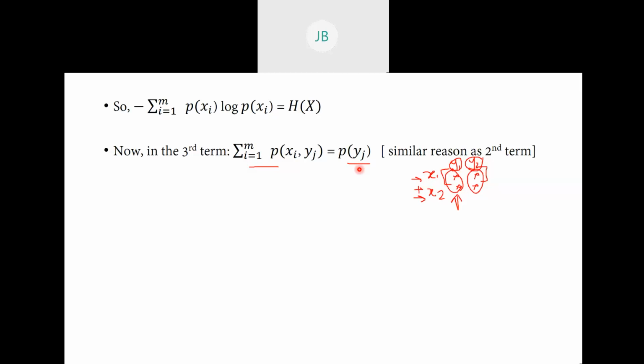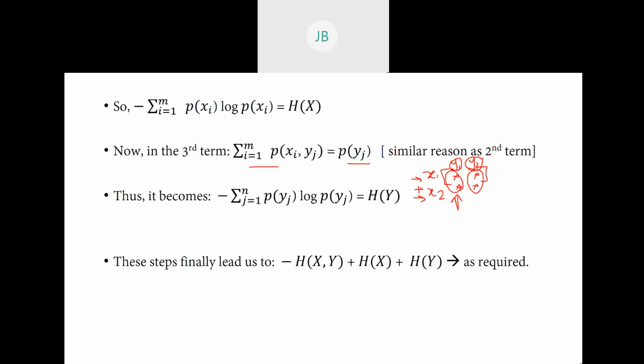So in the third term, we can rewrite that as probability of yj log of probability of yj. So that basically represents the entropy of the output. So right now we have simplified all the three terms. The first term is nothing but the joint entropy between x and y. The second term is the entropy of the input, and the third term is the entropy of the output.